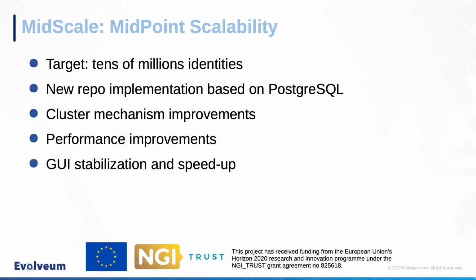We know that the current repository component implementation was not designed to handle such amounts of data. Therefore, we decided on a new repository implementation based on PostgreSQL, leaving out also the Hibernate framework. Other improvements we expect regarding the cluster mechanism, more specifically better support for autoscaling.